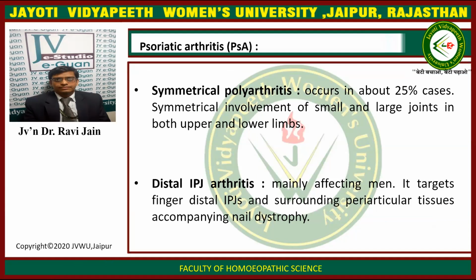Next, we come to the symmetrical polyarthritis. It occurs in 25% of the cases with symmetrical involvement of smaller and larger joints in both upper and lower limbs. There is involvement of the distal interphalangeal joints, which mainly affects men, and it targets the distal interphalangeal joints of the fingers and surrounding periarticular tissues accompanied by nail dystrophy.